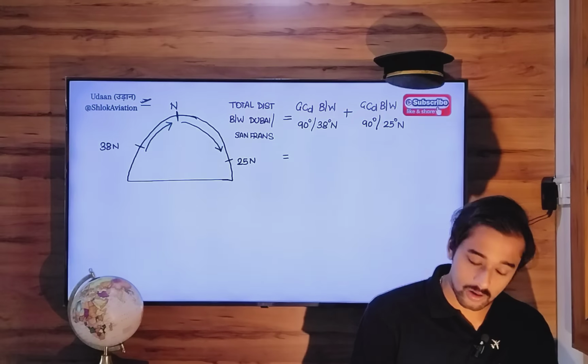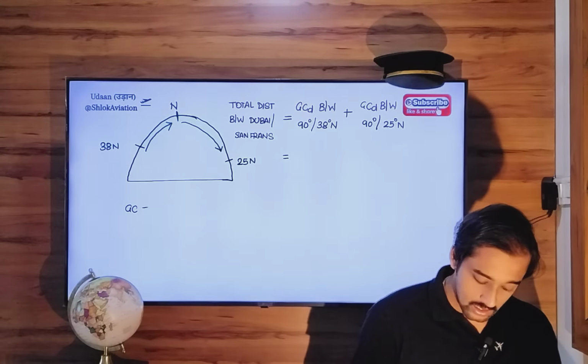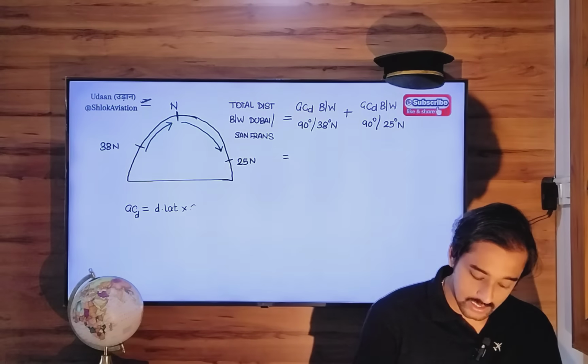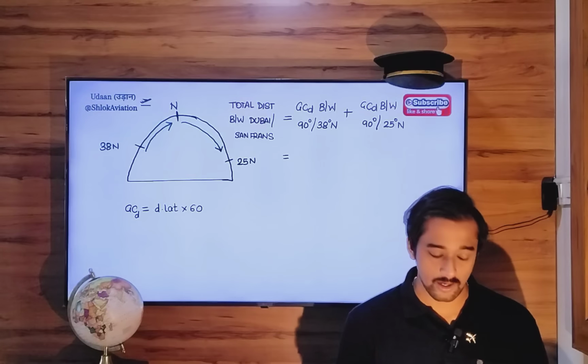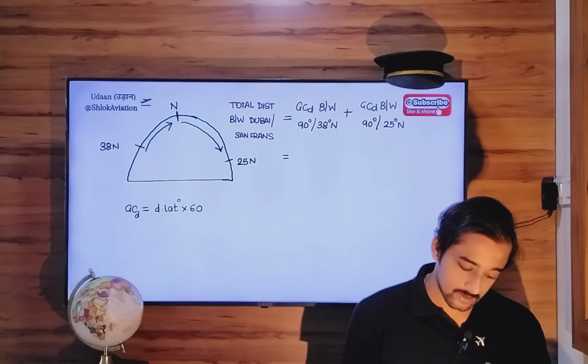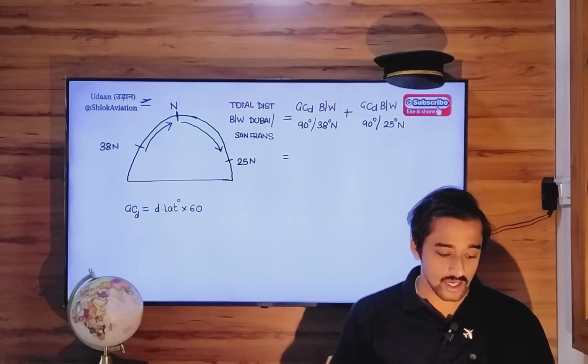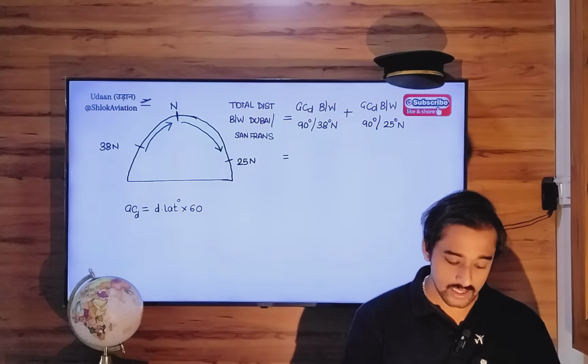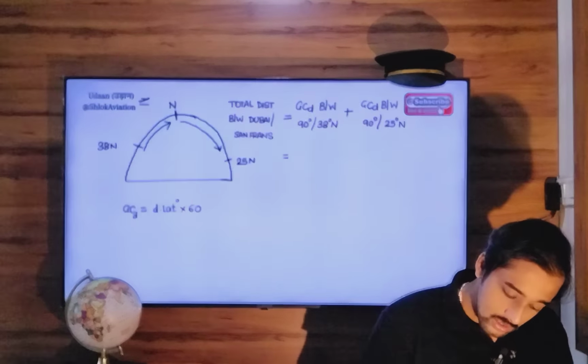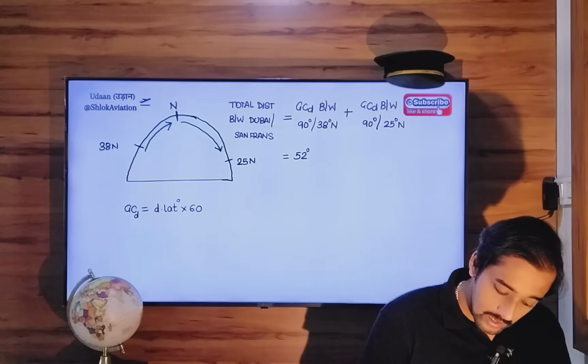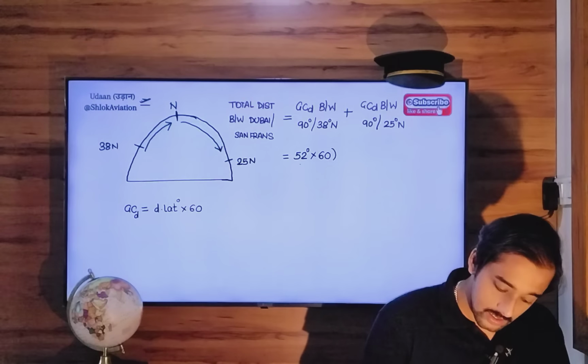The great circle formula is the difference between two latitudes multiplied by 60. The difference between 90 degrees and 38 degrees is 90 minus 38, which is 52, so 52 degrees multiplied by 60.